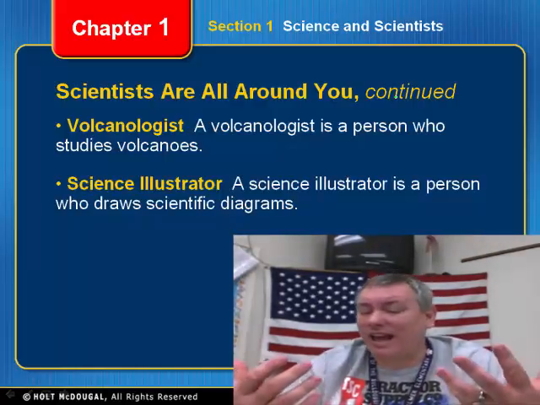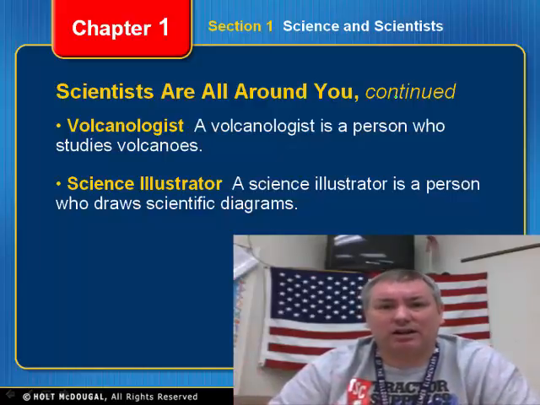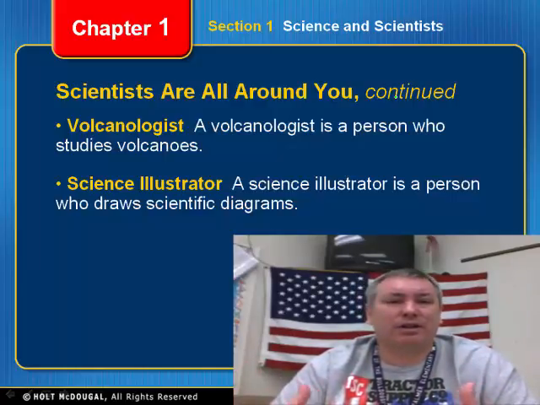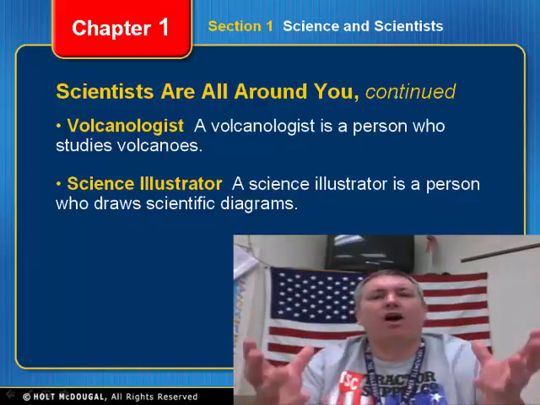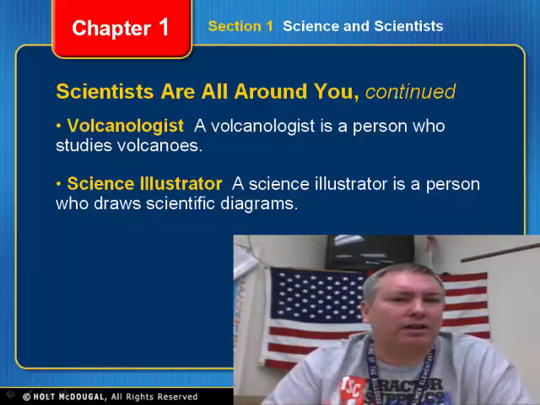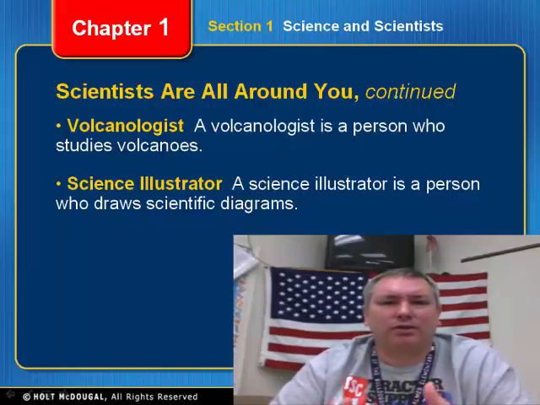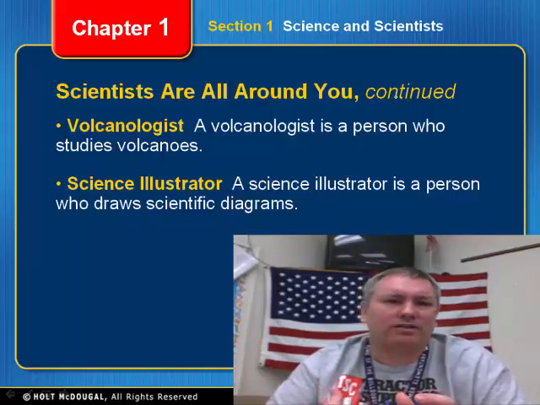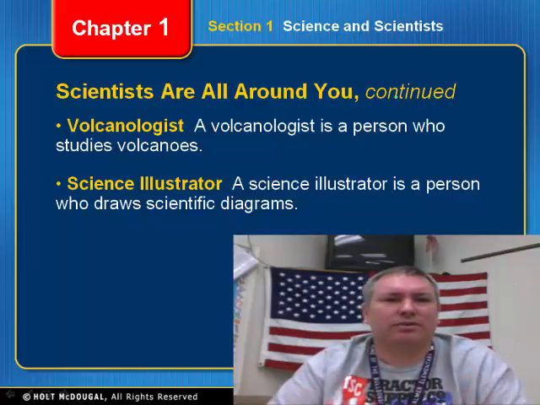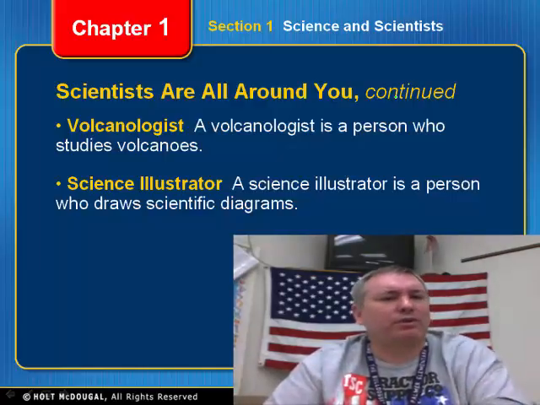There's also, and lastly, a science illustrator. A science illustrator is somebody who draws things in your science books. Those of you who like to be artists, you could be a science illustrator. You could draw birds and the internal organ systems of birds, or of humans, or of animals, and those types of things.